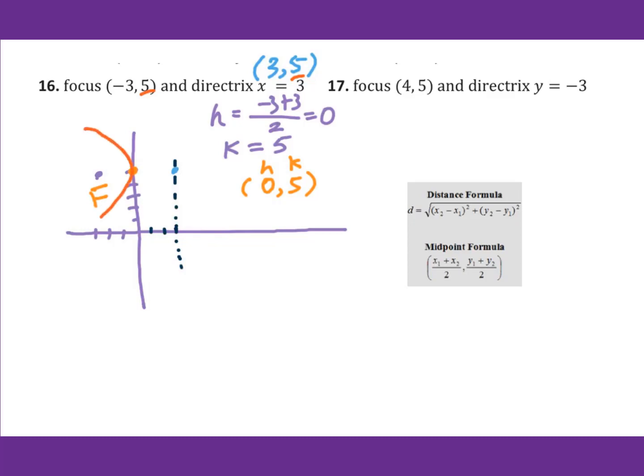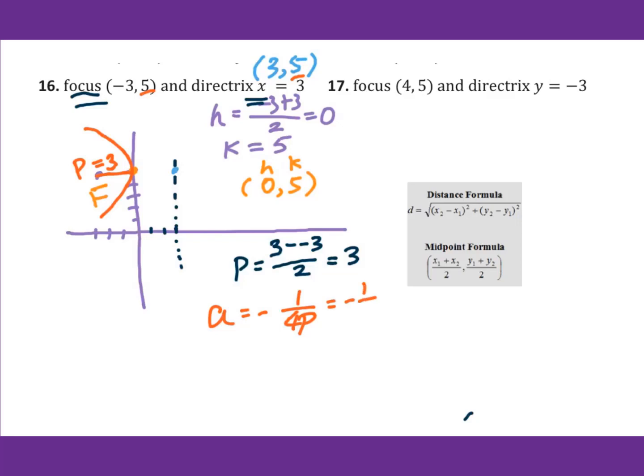We need to find P. P equals half of the distance between the focus and the directrix. That's 3 minus negative 3, over 2, equals 3. Or you can get it from here, this distance, that's 3. This will be P. Since this parabola opens to the left, a will be negative 1 over 4P, which equals negative 1 over 12.